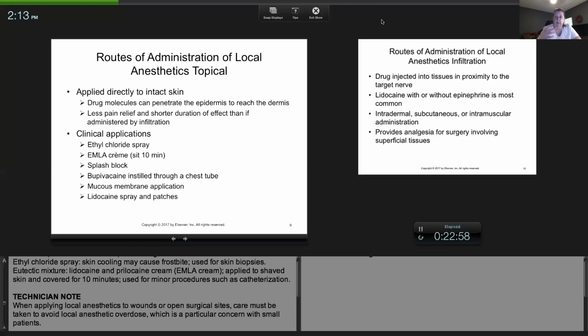What the doctor did, we were cleaning it, and after we cleaned it, she just took lidocaine from the bottle, but instead of putting a needle in the muscle, she just squirted it all over the muscles, and that's called a splash block. So if we splash it into a wound, it works like that. It blocks, but that's really blocking the surface of those nerve endings, it's not getting deeper. So, I mean, it's not like that dog is not going to feel anything. It was just something to enhance analgesia.